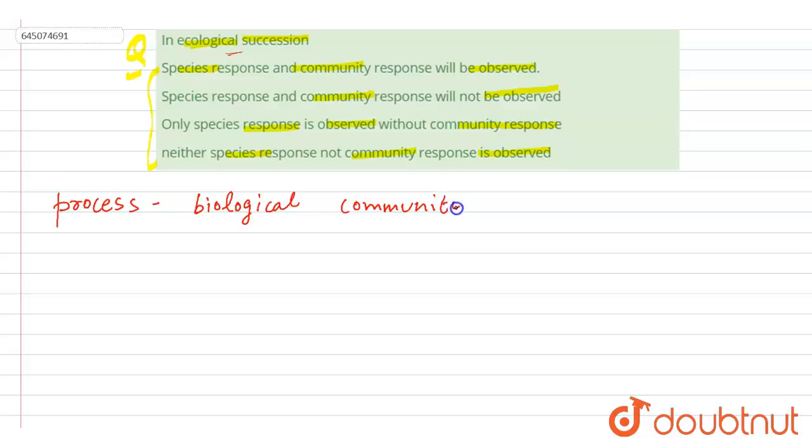These biological communities can be a forest, a grassland, or a desert. So it is a process of how the structure of this biological community changes over time.